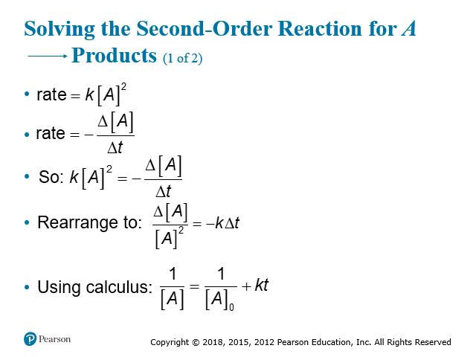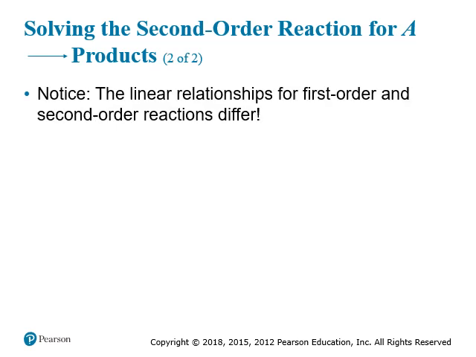So ultimately, if we plot 1 over the concentration with respect to time, then the slope of that line would be given by k, and the y-intercept would be 1 over A naught. It should be noted that the linear relationships for first order reactions and second order reactions are different.